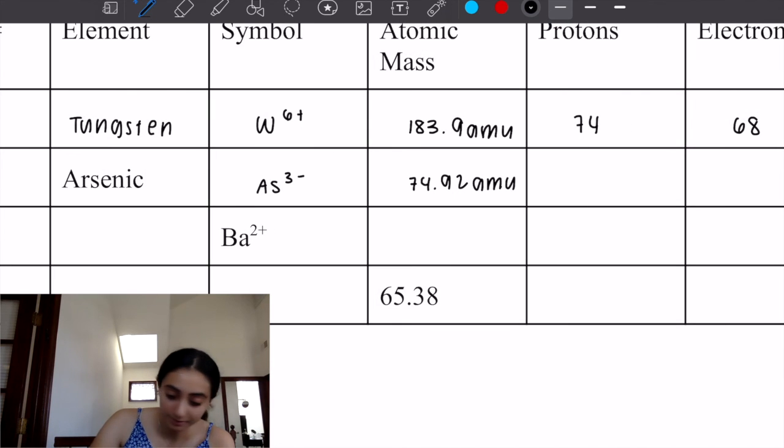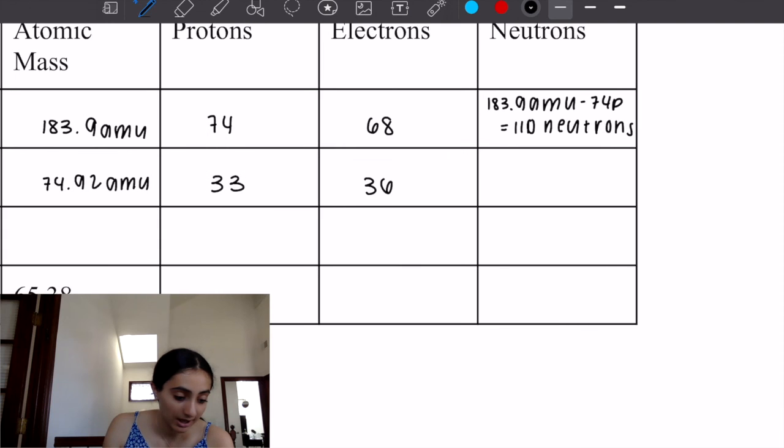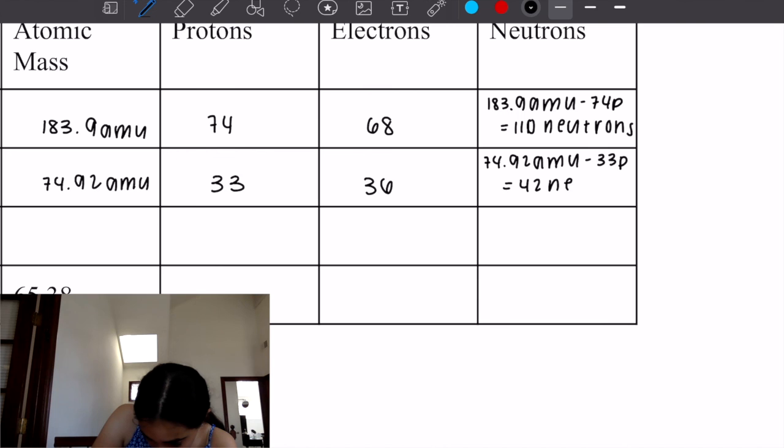There are 33 protons. And because it's 3 minus, there will be 3 more electrons, so 36 electrons. And to find the amount of neutrons, we're going to do 74.92 atomic mass units minus 33 protons equals 42 neutrons.